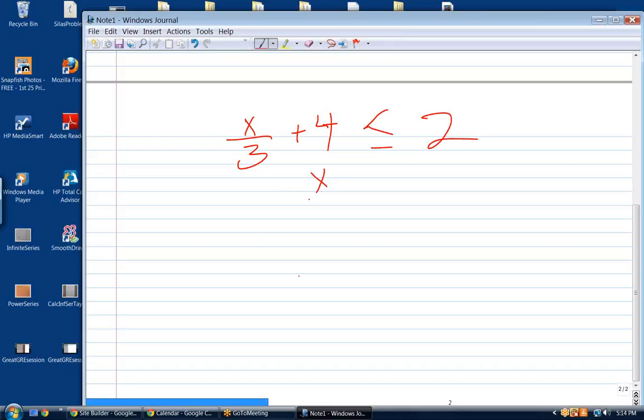Is it x over 3 or 3x? Yeah, it's x over 3. And then it's going to be less than or equal to, oh no, negative 2. Okay. Next line.